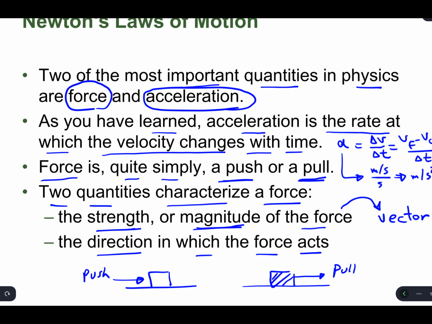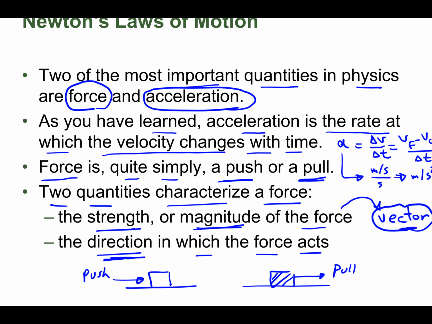As you know, we have two types of quantities, scalar quantity and vector quantity. The one that needs a direction, we call it vector, like the force, like the velocity.